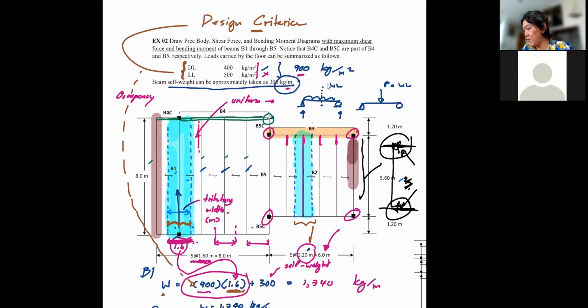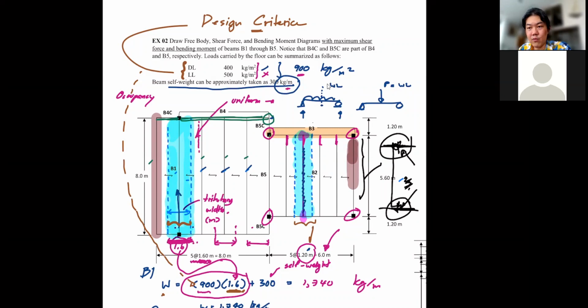So if you look at beam B2 now, say this is your B2, what are the 2 supports for your B2? The 2 supports for B2 would have to come from this point and then that point, right?